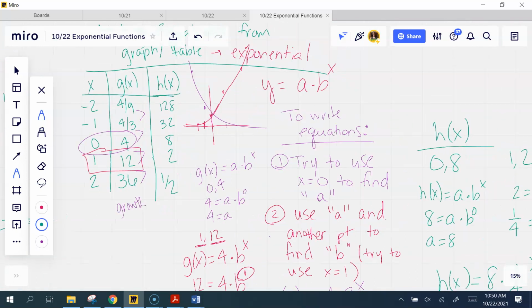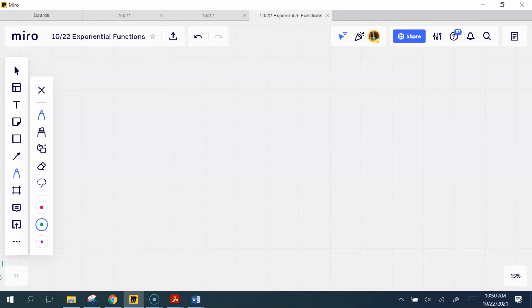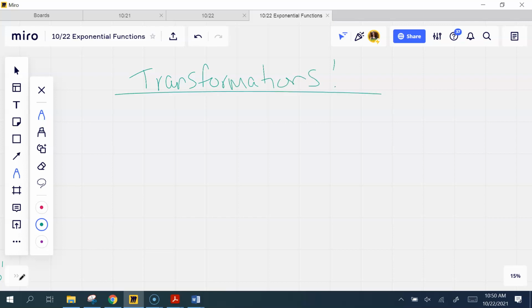All right, let's transform some. Is that exponential? Yes, this is exponential.